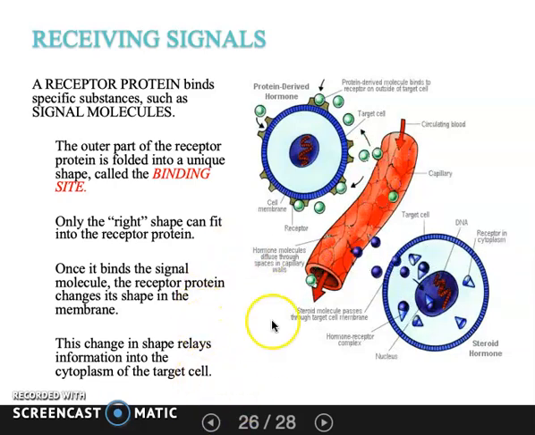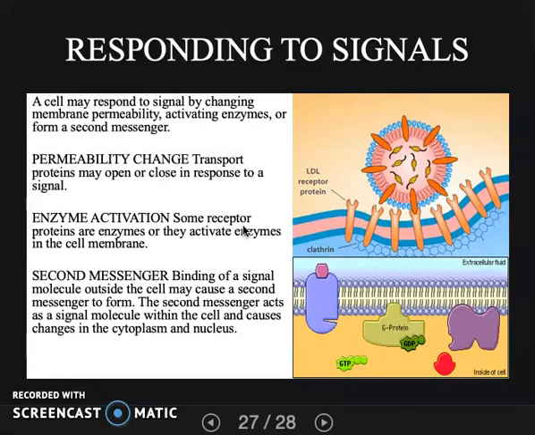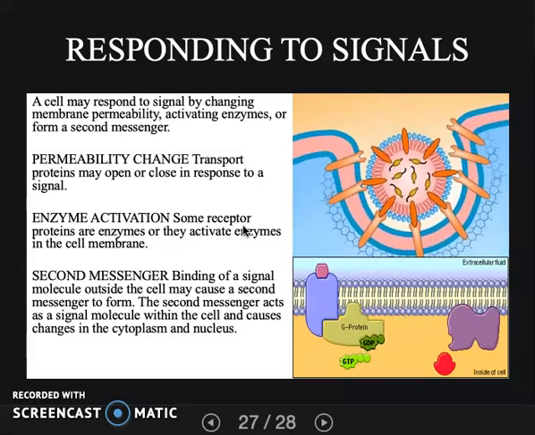And so I can have these hormone signals that target receptors all over the body, and when they bind their receptor, they cause a change in shape, and then something happens inside the cell, right? So there's a response to the signal, and those responses can be categorized a couple different ways.